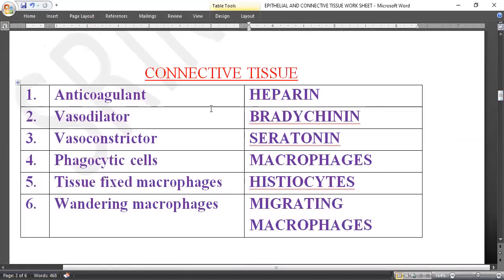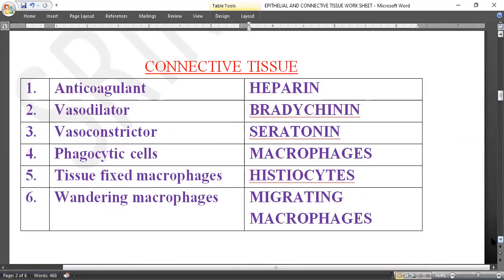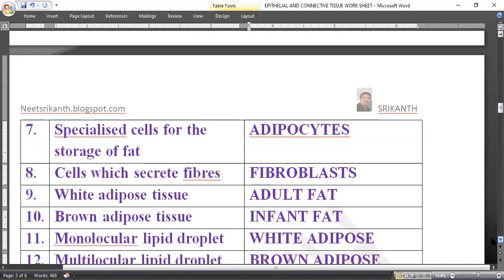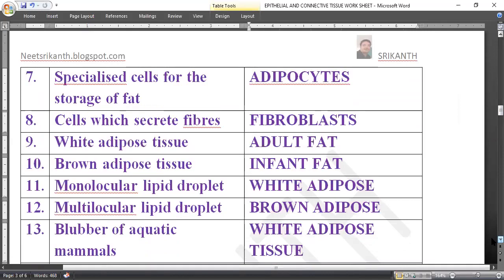As we said, anticoagulant is heparin, vasodilator is bradykinin, vasoconstrictor is serotonin, phagocytic cells are macrophages, then tissue fixed macrophages are histiocytes, wandering macrophages are migrating macrophages, and specialized cells for the storage of fat are adipocytes, cells which secrete fibers are fibroblasts.